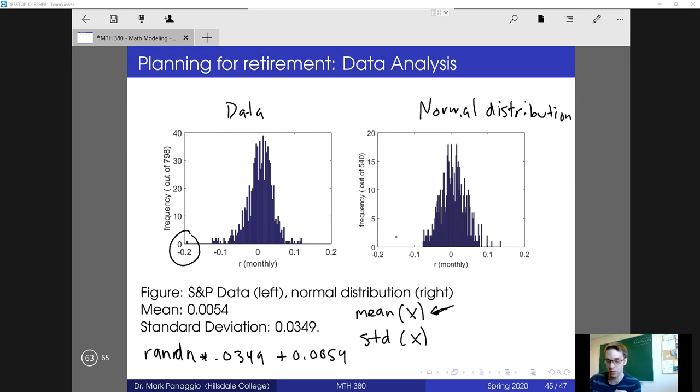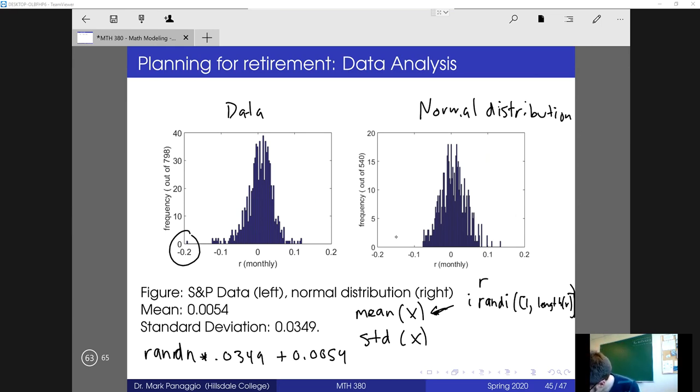So the other way you could do it is to imagine X, or let's call it R, is our returns. You could generate a random number from 1 to the length of R, which would be a random location within this vector.